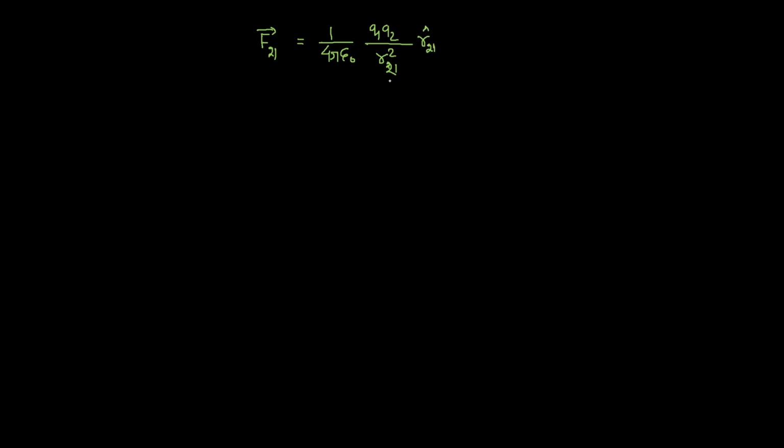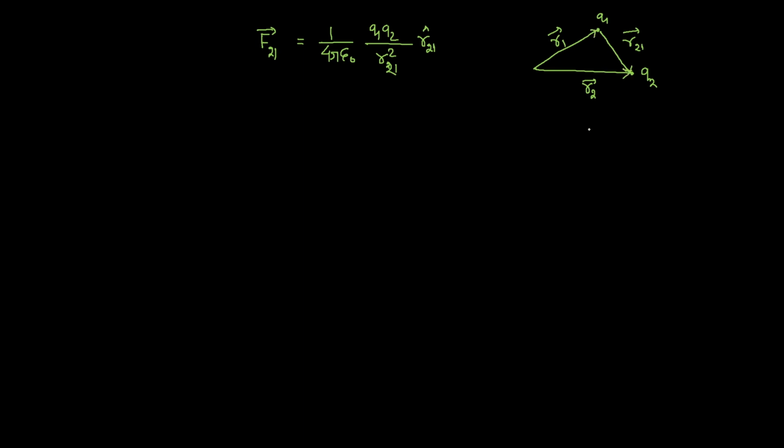Now we can modify these two vectors. How? देखिए कैसे हम modify कर सकते हैं. ये Q1 है जिसका पोजीशन वेक्टर है R1, और this is Q2 जिसका पोजीशन वेक्टर है R2, and suppose this is R21, that is the vector leading from 1 to 2.